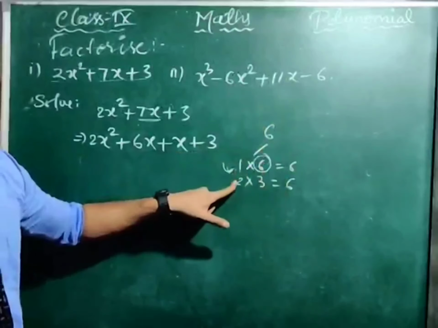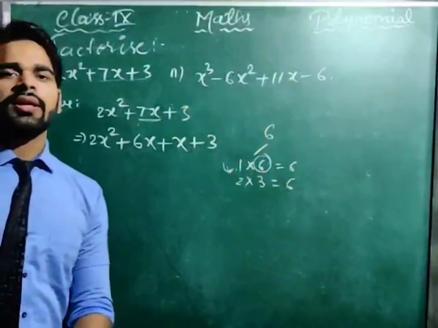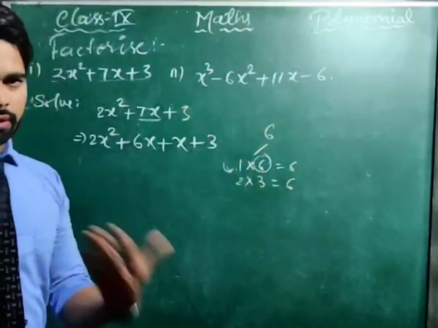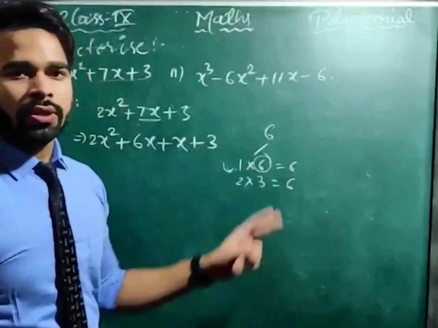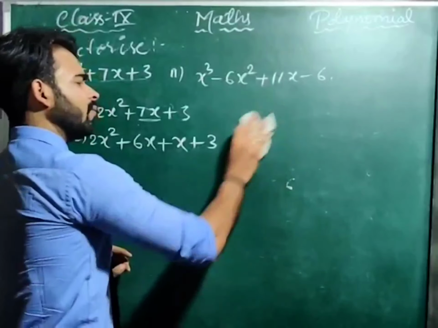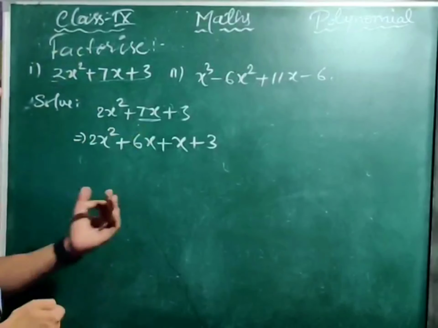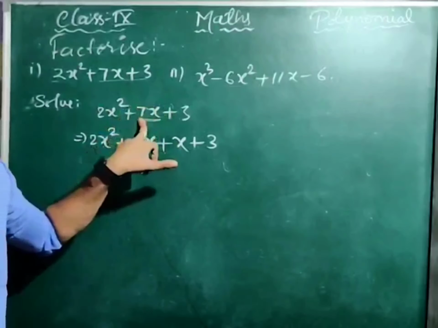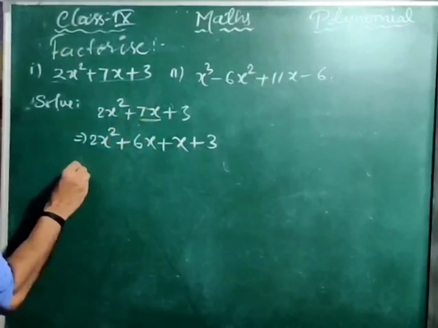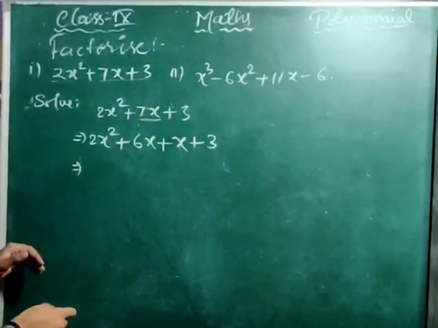You will do it from 1, 2, 3, 4, 5, 6 and so on. And if you are getting any greater number, I will give you the trick of how, by prime factorization, to find the two numbers. In factorization by middle term, you have to find only the two numbers whose product is the product of the outer terms, and whose addition or subtraction gives the middle term. Now it is time to take common.